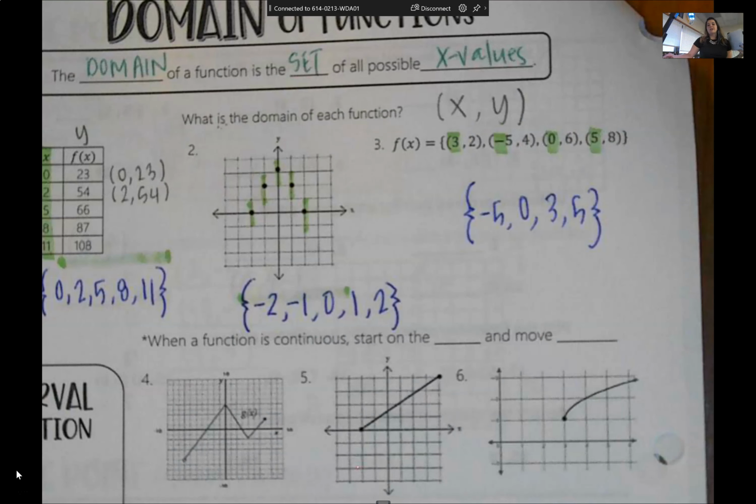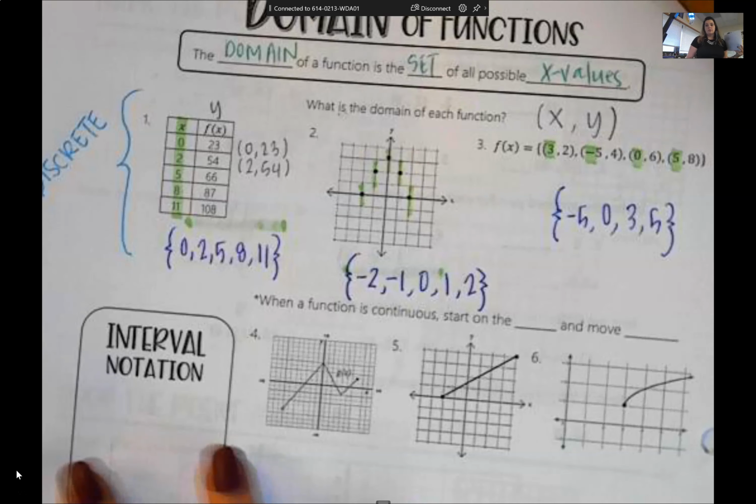Okay, show me. -4, 2, 7, and 10. So that is our reminder or review of what a discrete domain looks like.